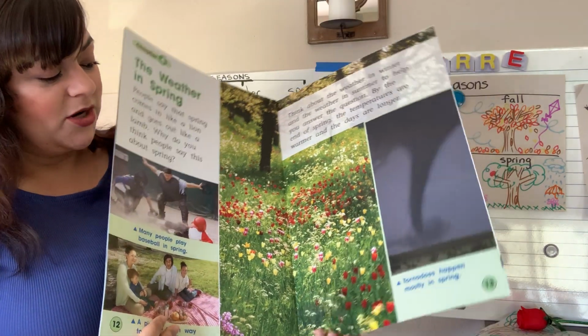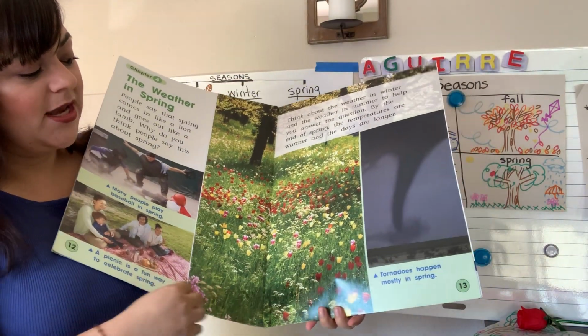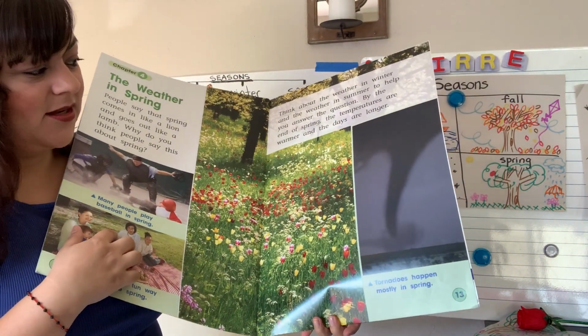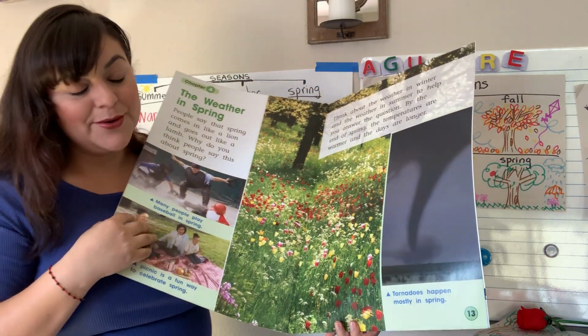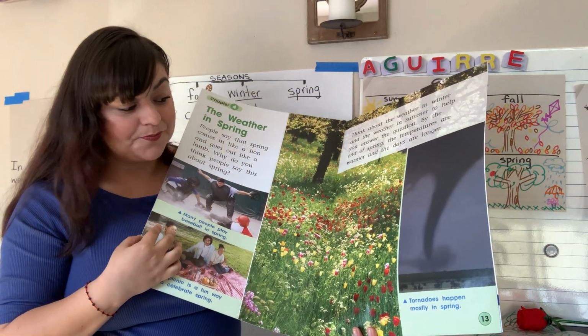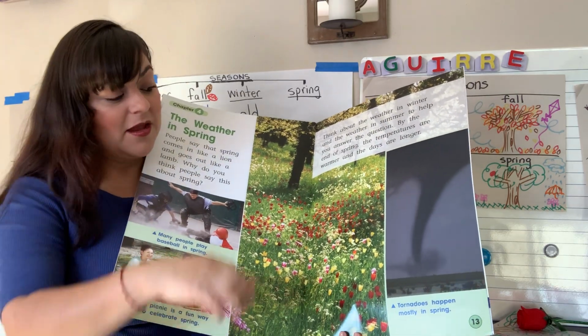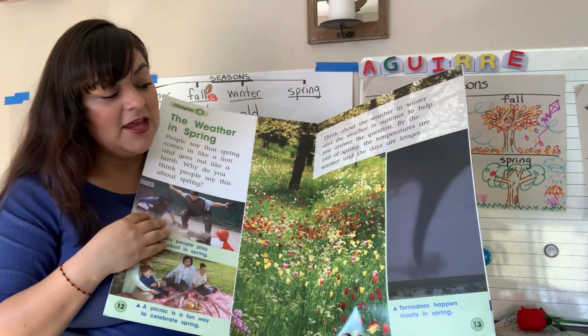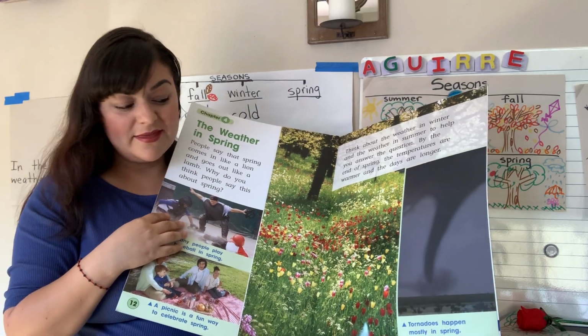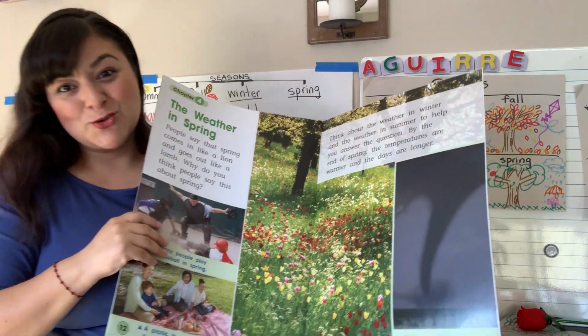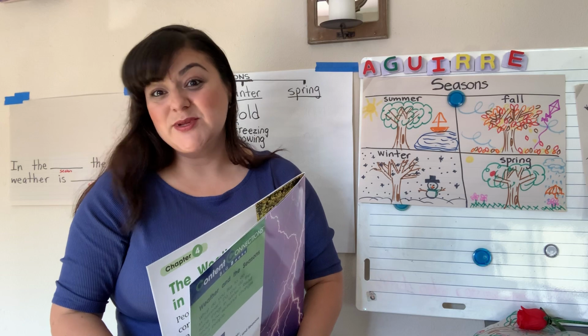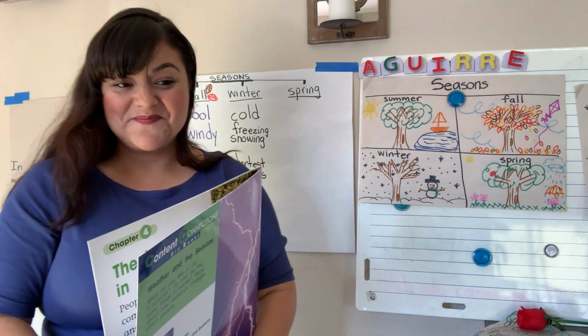And in some parts of the world, tornadoes happen. So tornadoes are dangerous. It's a very fast spiraling wind that picks up anything that crosses its path. And we don't have tornadoes in California, so we don't have to worry about that.